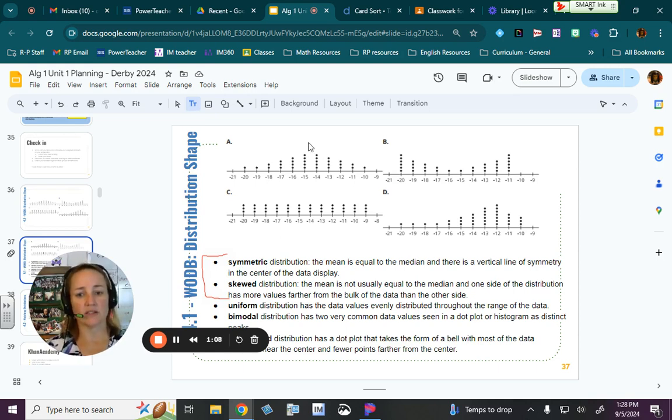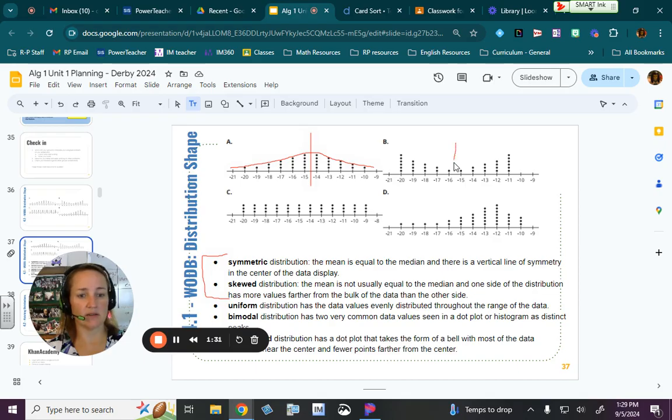So a symmetrical graph is going to look a lot like graph A, our dot plot here on graph A. And so it's like if we draw this line right down the middle, the left side is like a mirror image of what's going on over here on the right side. So this is a symmetrical graph. B is also symmetrical.